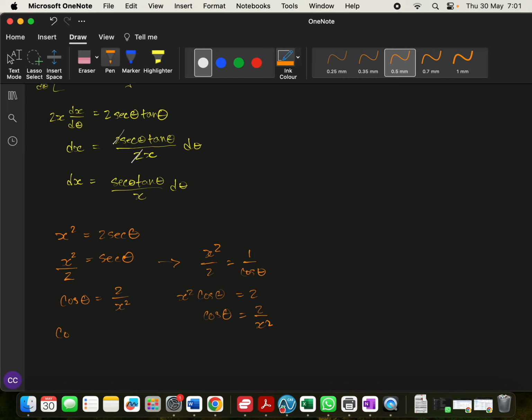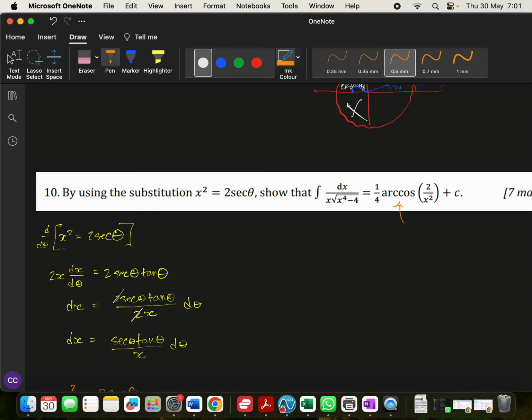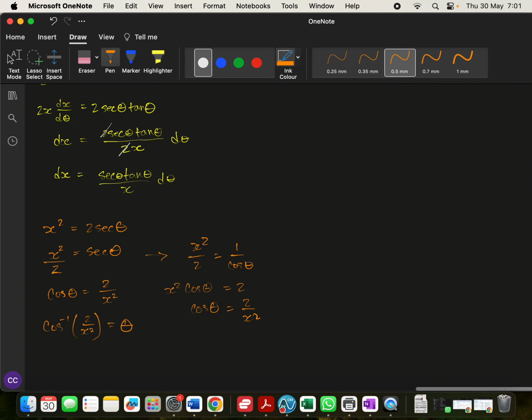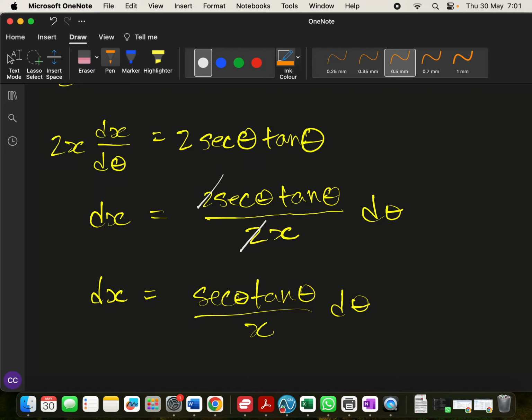What this allows me to do is now to get an expression for what theta is, I would have that. Note, that is exactly what this bit is. So I'm feeling really good about where I've gotten to. So these are the 2 little bits of work that we have to do.